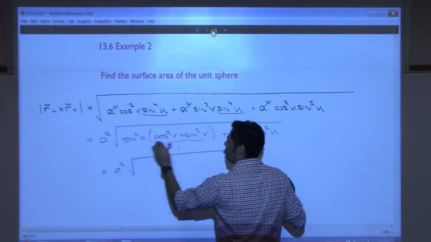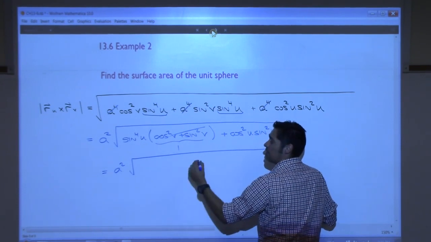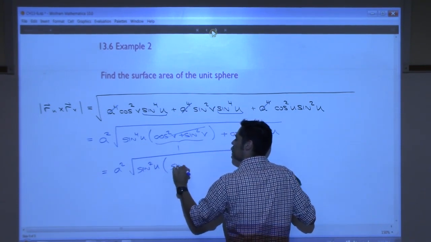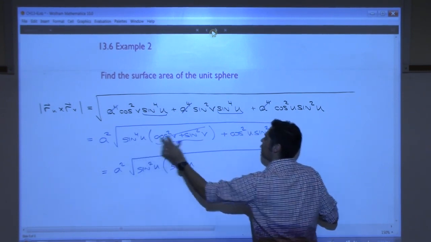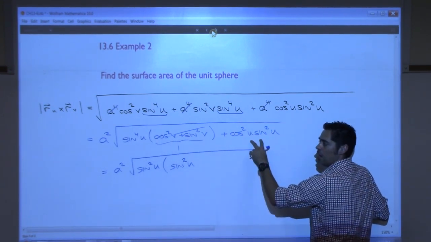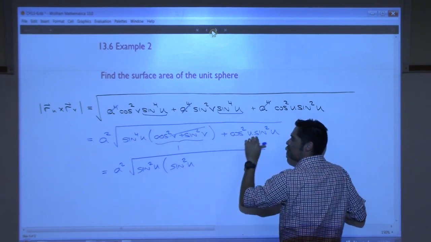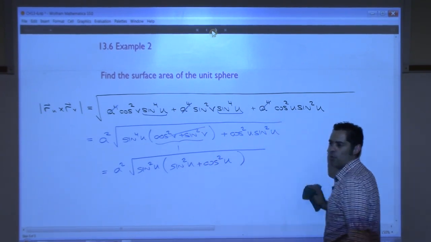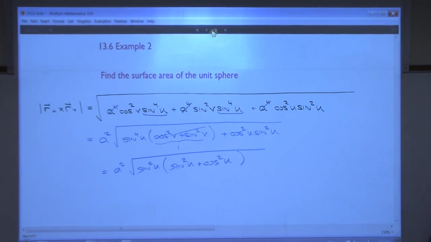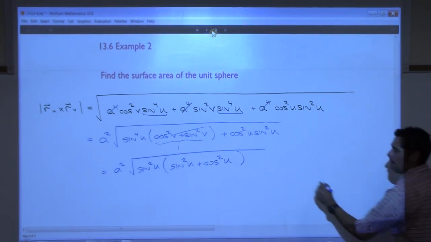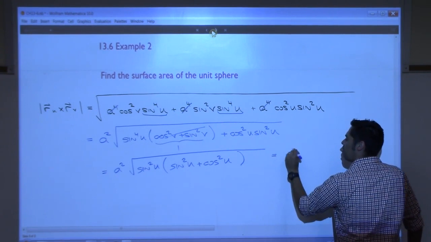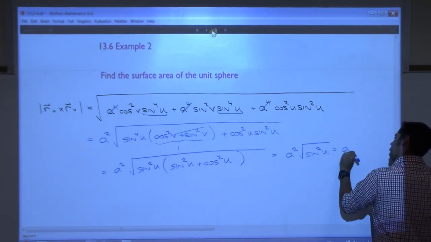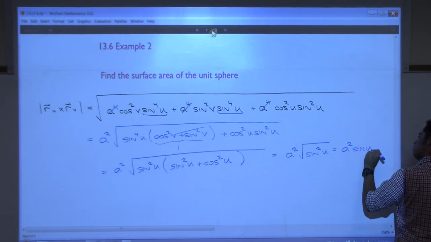Pull out, with what's left, a sine squared u. You'd be left with sine squared u. So I'm pulling the sine squared out from this and from this. I'll be left with the sine squared here and left with the cosine squared here, which again becomes a 1, which gives me a squared square root of sine squared u, which is going to be a squared sine u.